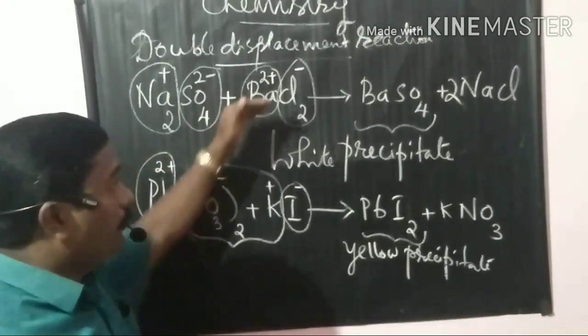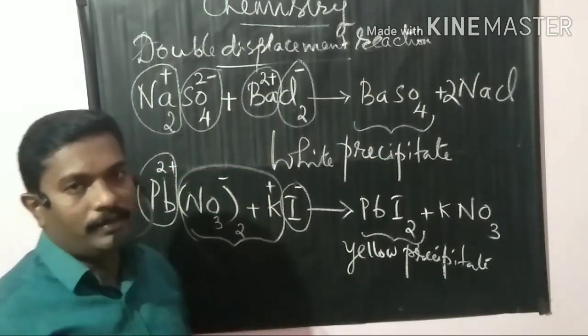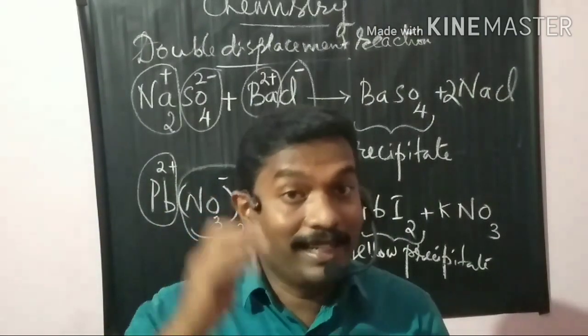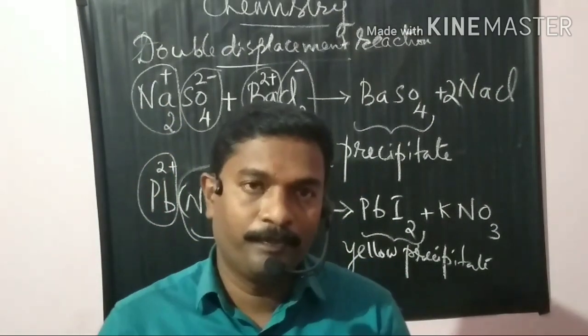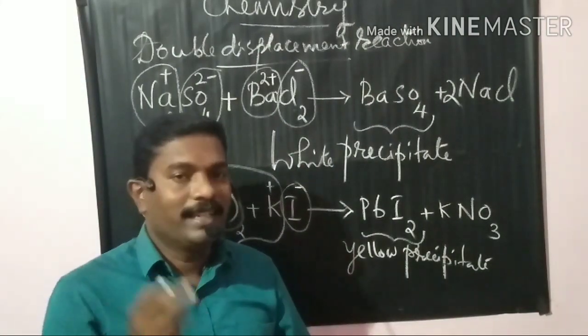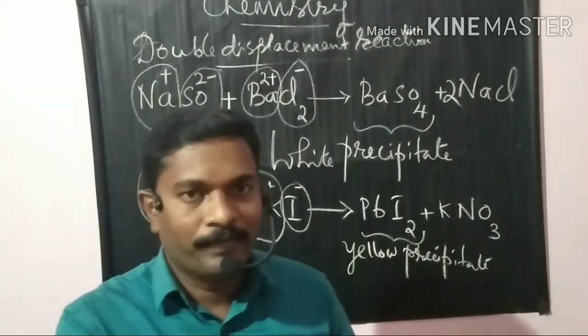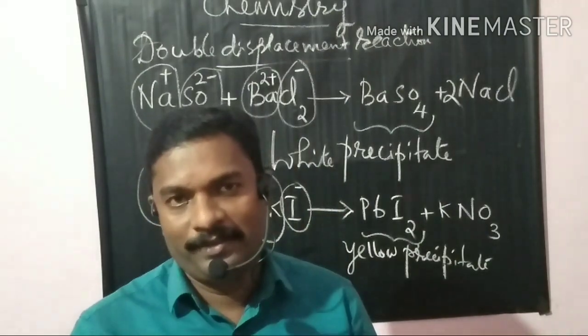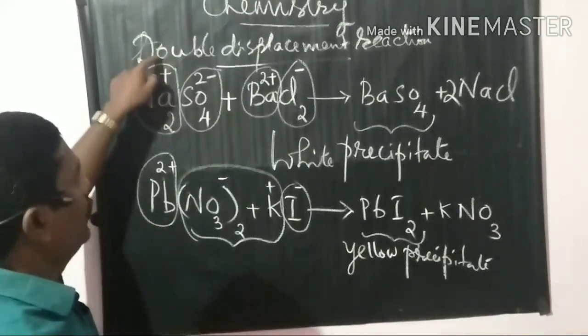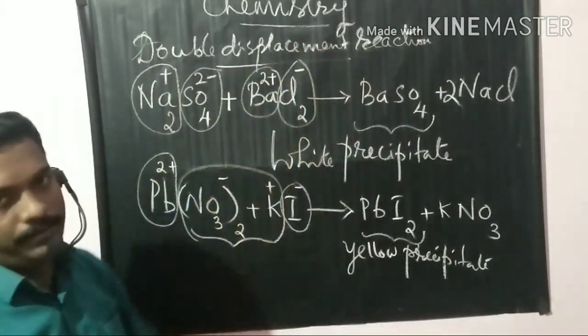So then can we write the symbolic representation of double displacement? Like A plus B gives AB, AB gives A plus B, then A plus BC gives AC plus B. How can we write that type of representation for a double displacement reaction?